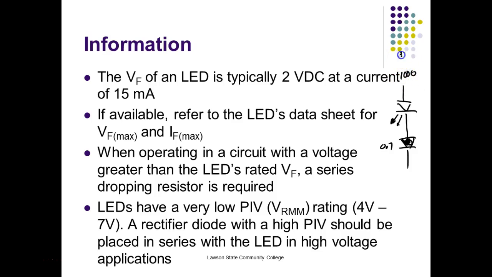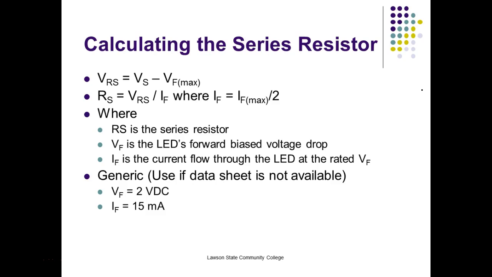And then we forward bias it, then we would choose a resistor right here to drop all the rest of the voltage over to VL. That makes sense? So VRS is equal to VS minus VD forward. RS is equal to VRS divided by IL, where IL equals IF maximum.